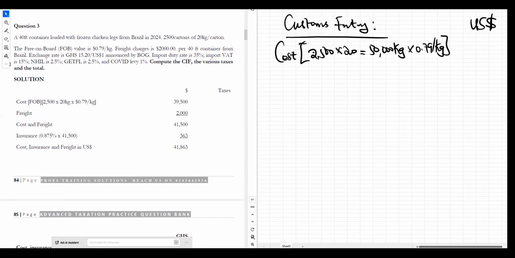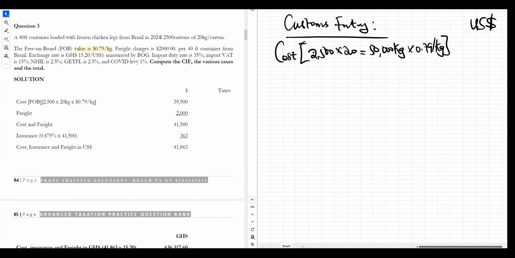The free on board value was given per what? I've highlighted it in yellow. It's per kg. For every kg, your cost is $0.79.